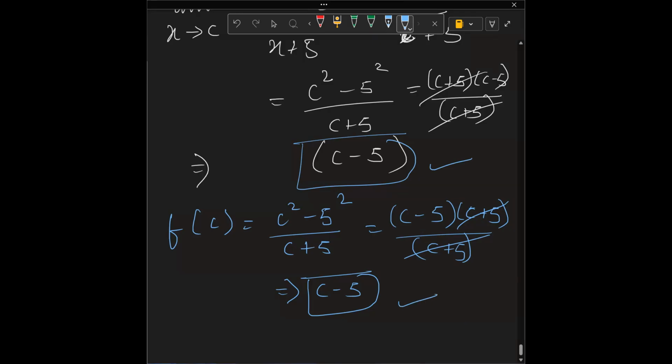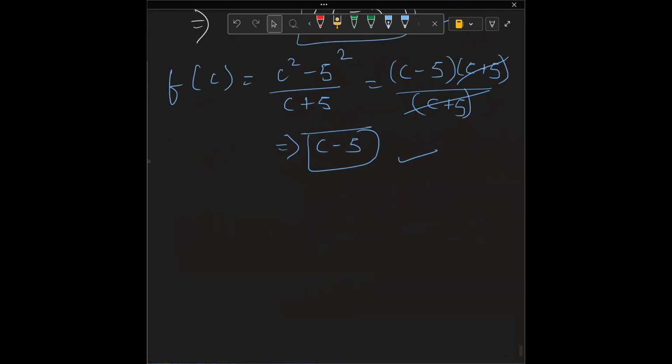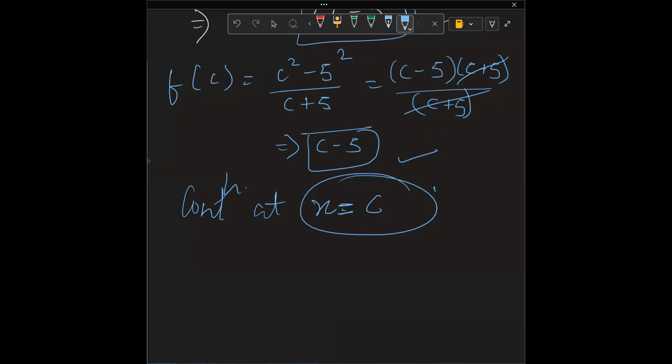So you can say that your function is continuous at x equals c. Or you can say that your function is continuous everywhere, because c can be anything, right?